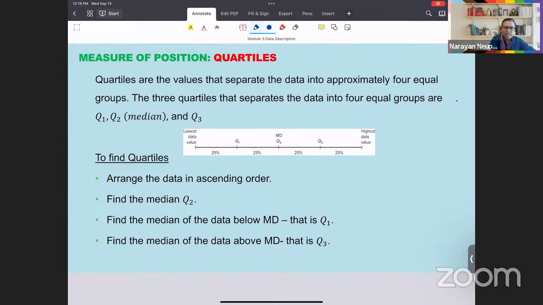When we say quartiles, these are the numbers that divide the entire data into 4 equal parts. Let me try to write something here and explain it. Let's say when the data is arranged, we'll have data from minimum to maximum.